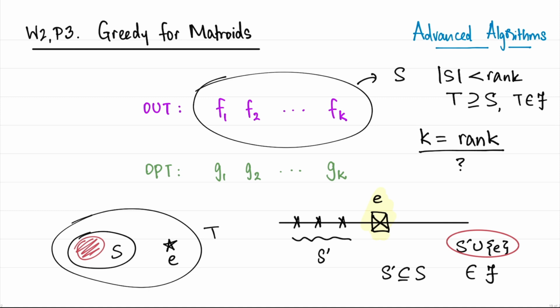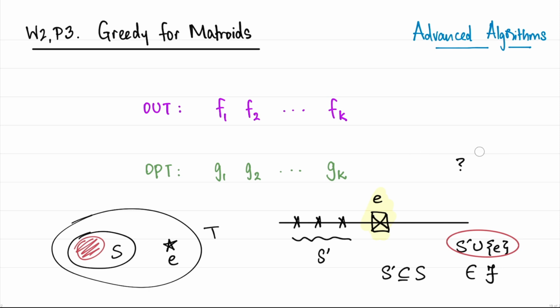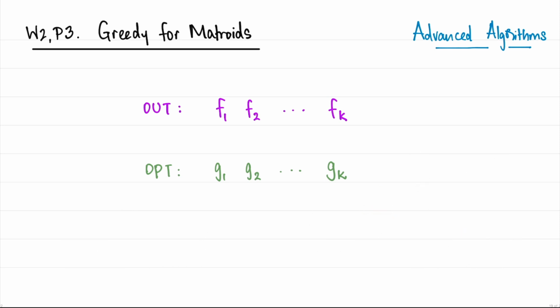Okay, so both greedy and opt actually produce sets of size k where k is the rank of the matroid. So we can work with that to begin with. And as we were trying to do before, let's try and compare the outcome of the greedy choices with the optimal ones.